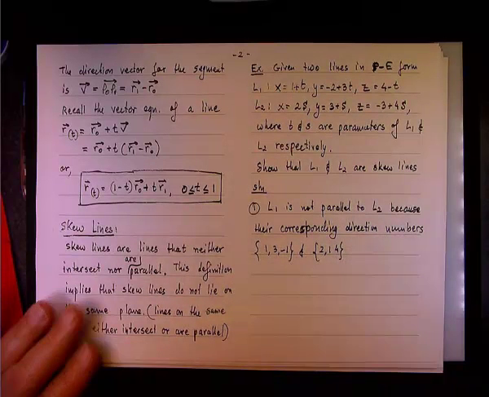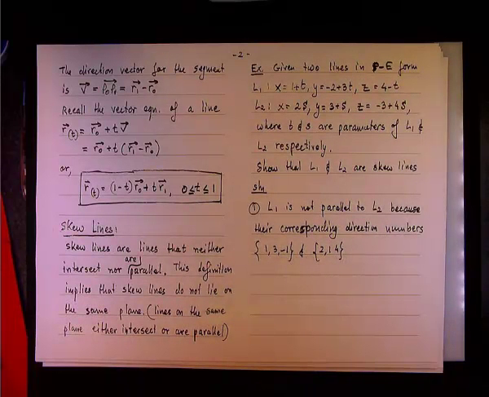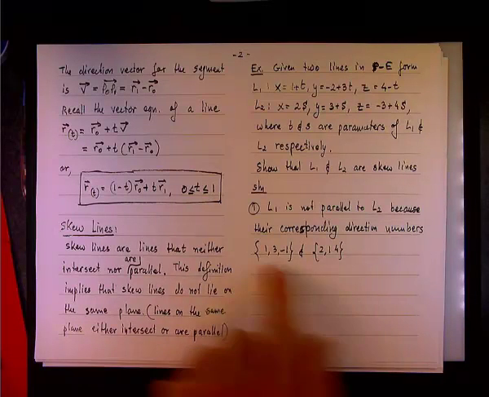The direction number of L1 is 1, 3, and negative 1. And the direction number of L2 is 2, 1, and 4. And they are not scalar multiples of each other.